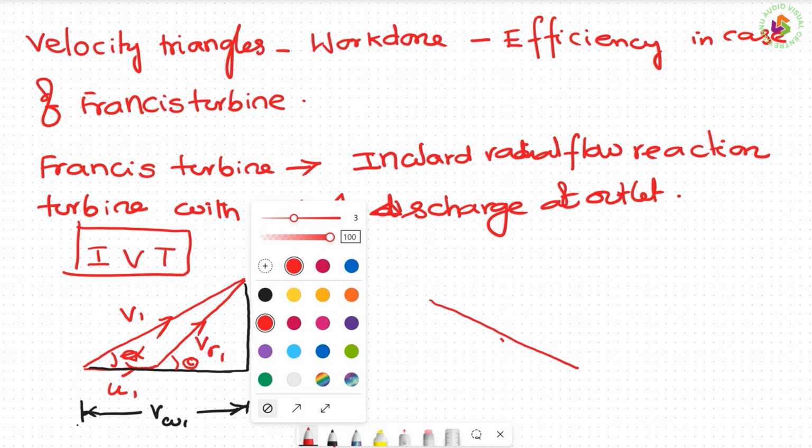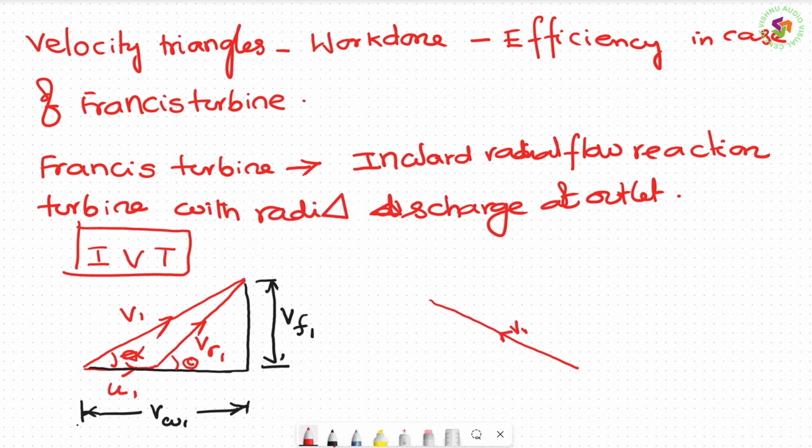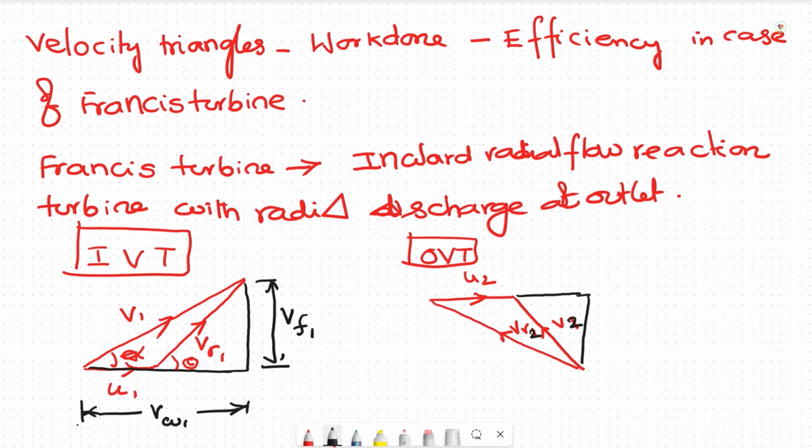At the outlet, first VR2 comes out like this, then this is U2, and if I join this, this will be V2. So this is the outlet velocity triangle. Then if you take the components of V2 in the horizontal and vertical directions, this is VW2, this is VF2.